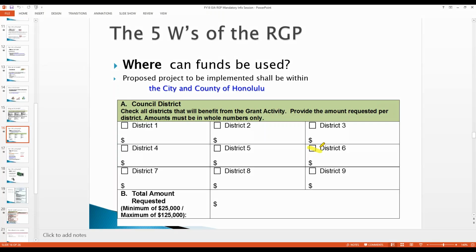So you can check mark the boxes where you provide your services, and enter the dollar amount of the budget that you think will be devoted to the district. So you enter your dollar amount here for whichever it is. We ask that all the amounts are whole numbers only. Whole numbers only here at the district allocation and also at the total grant amount. Whole numbers only.